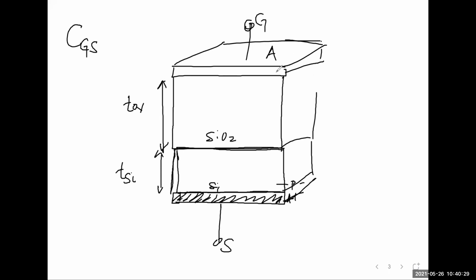I'll give you the unit area capacitance between this terminal and, let's say, a sheet of charge here. That I'll tell you is Cox. You just take it for granted. So in other words, if I had a metal here, then the unit area capacitance will be Cox, and total capacitance will be Cox times A. Okay. So just express it in terms of Cox and whatever. So let's say this capacitance of Si was CSI per unit area, or whatever it is. Just tell me what will be the total capacitance.